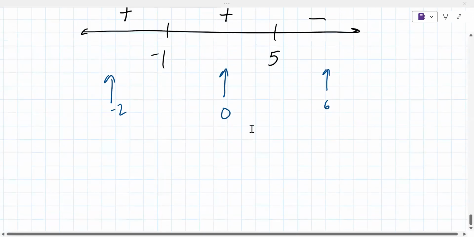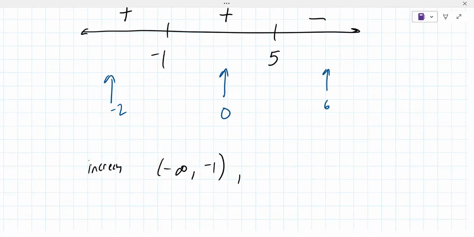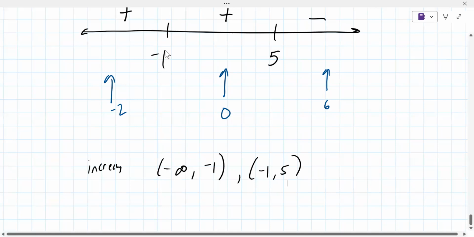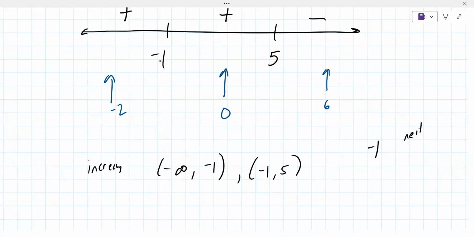Now, for increasing or decreasing, you can say increasing from -infinity to -1, comma, -1 to 5. Notice you can't just overlap these, because at -1 it's neither increasing nor decreasing. Does that make sense? It's a horizontal tangent, like we're talking about.